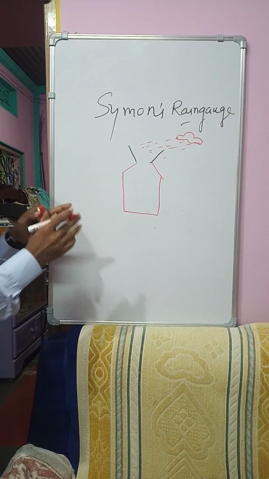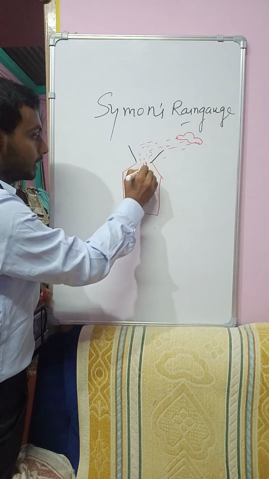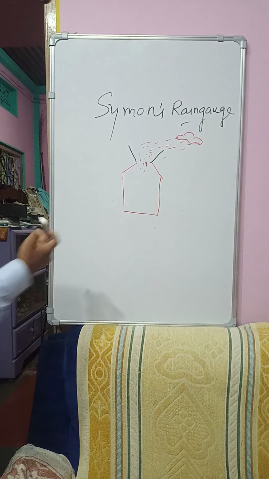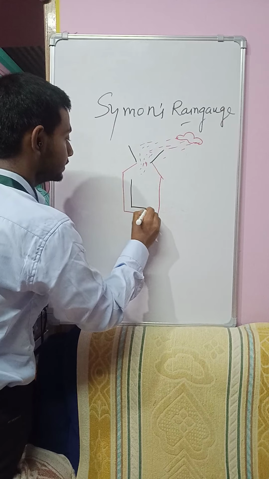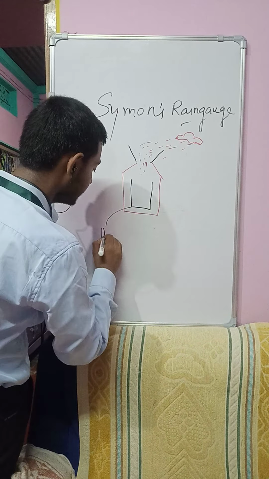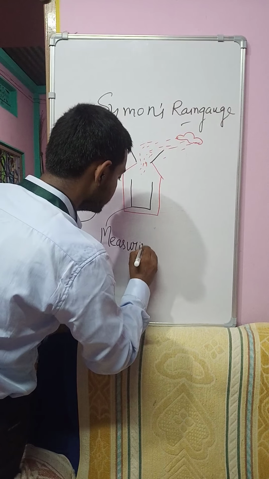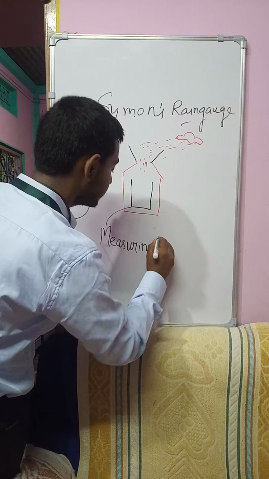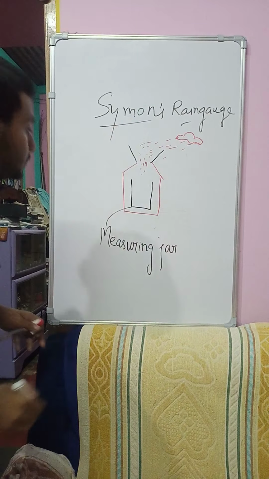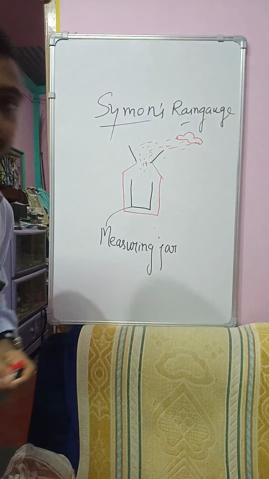The rainwater is going through the funnel, and the most important part, there is a measuring jar inside this. Let me write it here. There is a measuring jar inside the non-recording rain gauge or Symons rain gauge. This measuring jar is also known as the receiver.